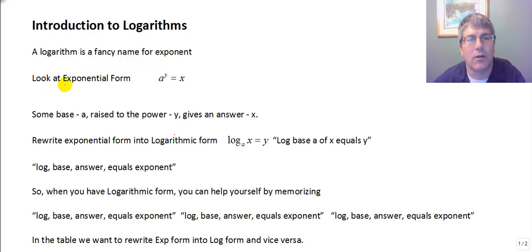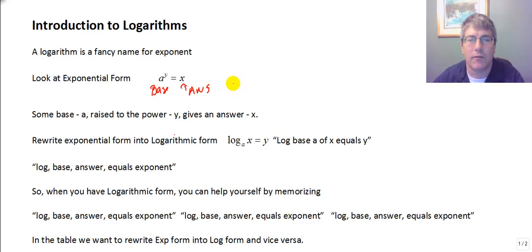So let's take a look at exponential form. Exponential form is some particular base A raised to the y power gives you some particular answer x. Okay, so that's our answer.